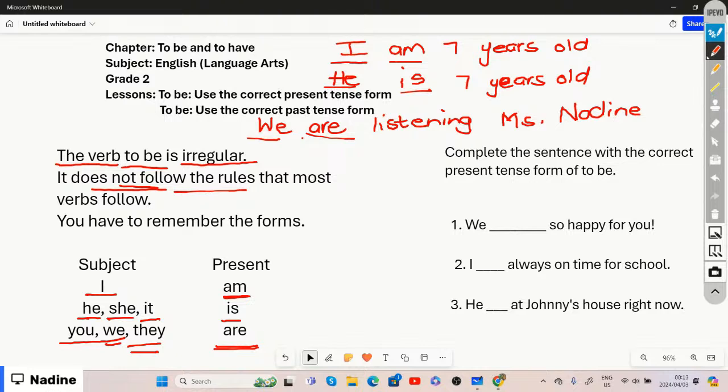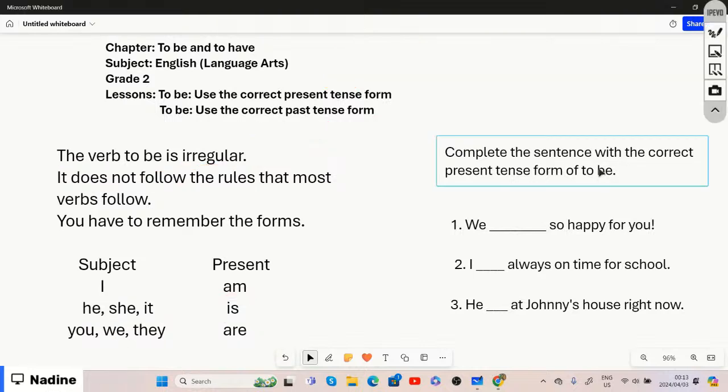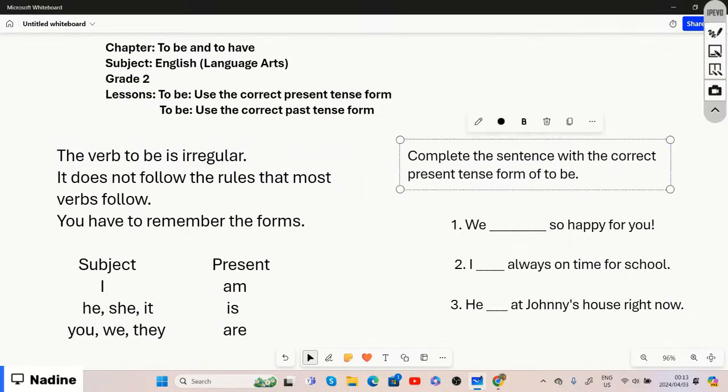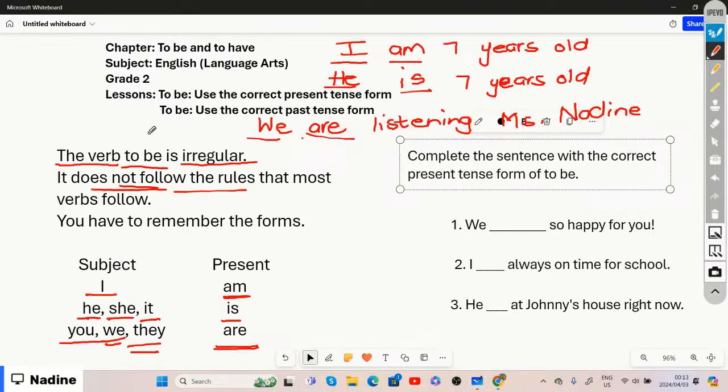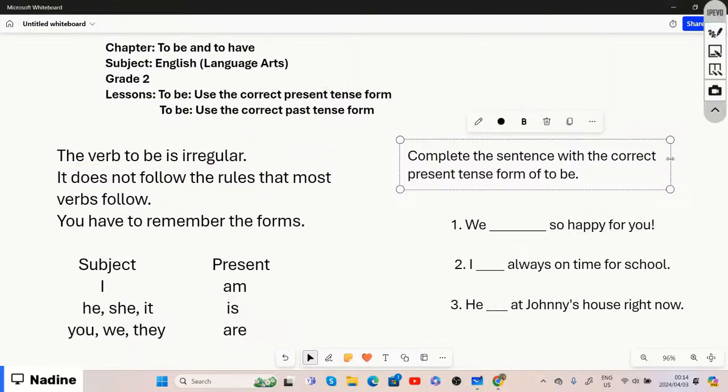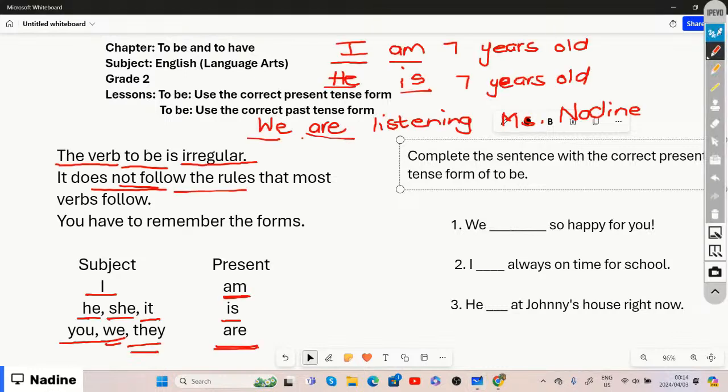All right. So now if we look at our sentence over here, before we go to the past tense form, we are first going to complete these three sentences. It says complete the sentence with the correct present tense form of to be, right? It says we.